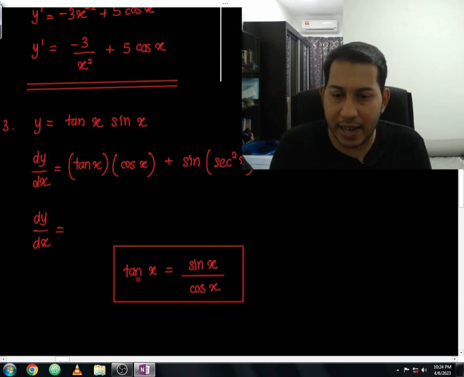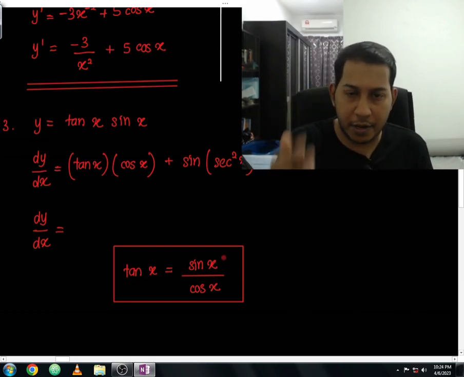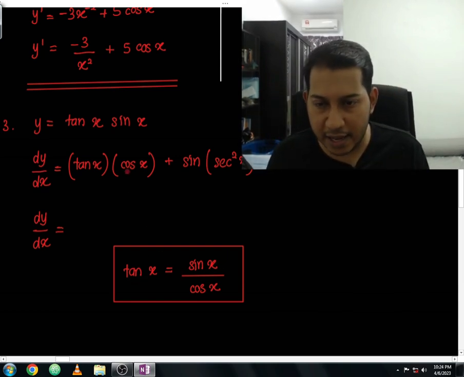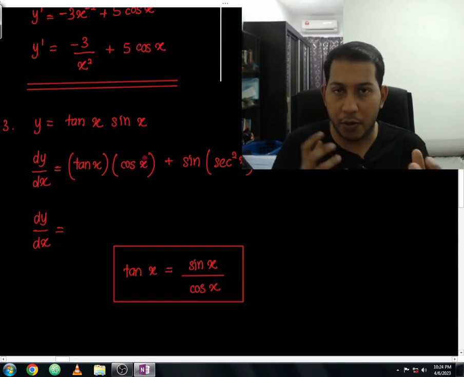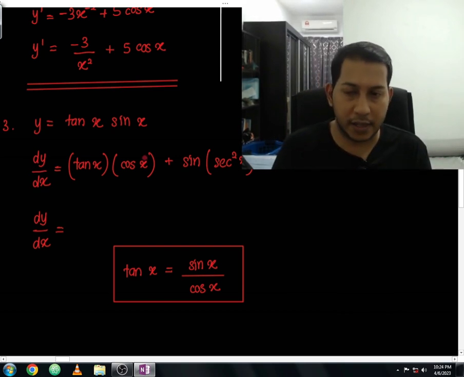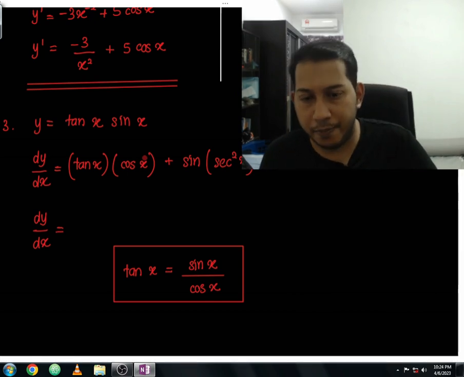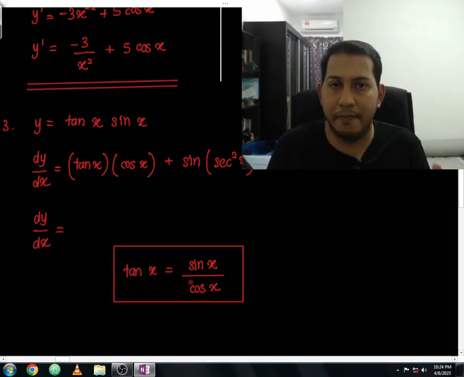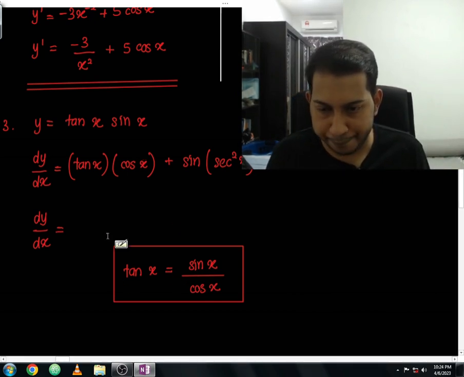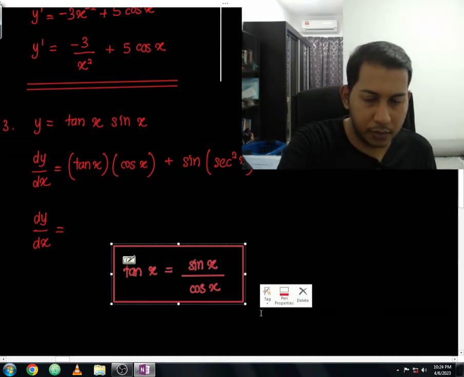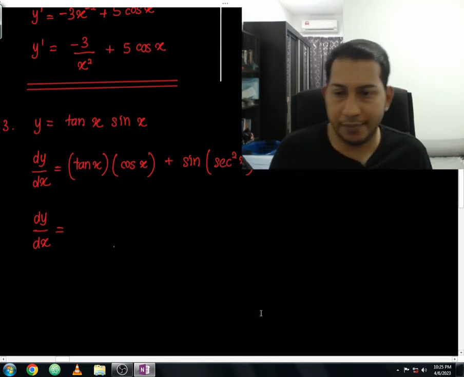So this is the basic relation of tangent x. How you get tangent x is equal to sin x divided by cosine x. And here you have cosine x, so you can perform some simplification over here. That's why I want to remind you, make sure you master the basics. Let me erase this.